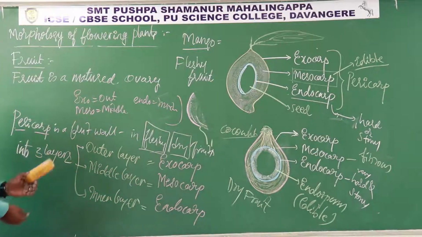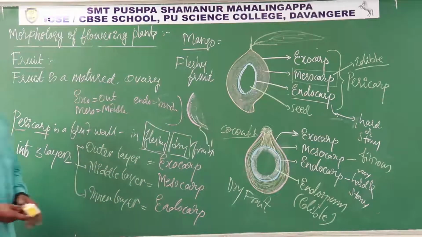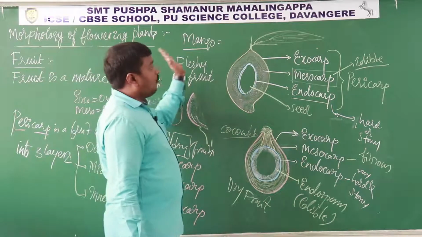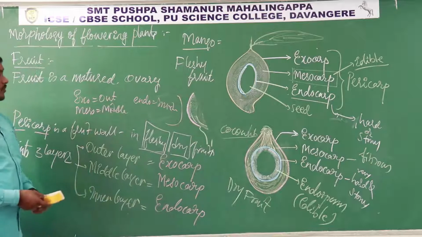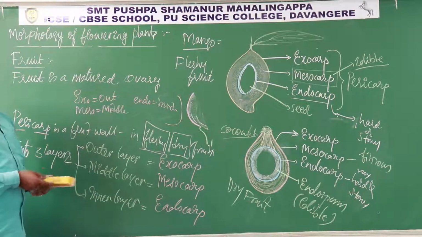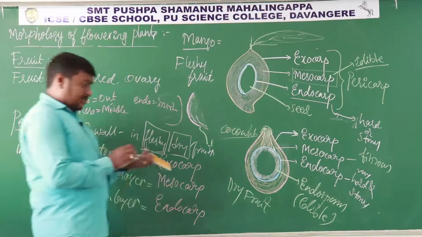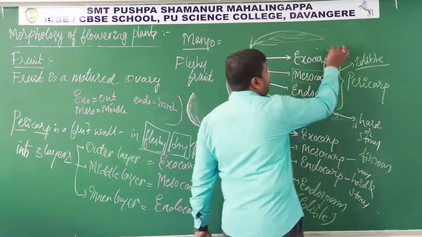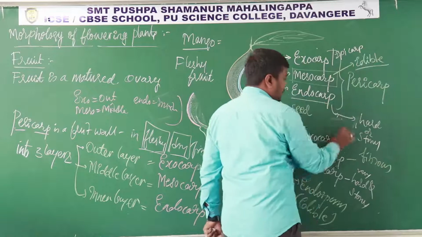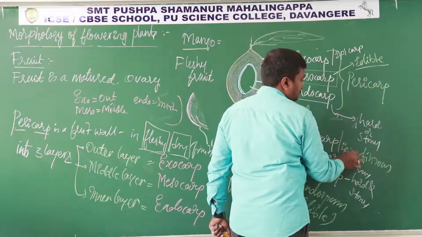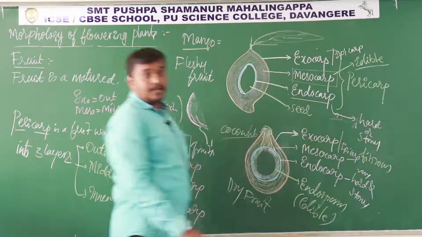So this is about the fruit and the wall layers. Pericarp can be divided into exocarp, mesocarp and endocarp, and this exocarp can also be called epicarp. So exocarp is also called epicarp.